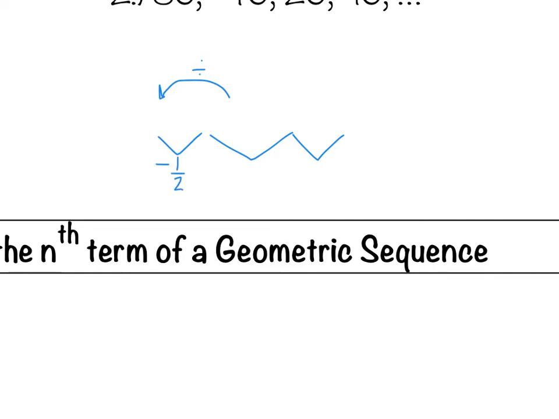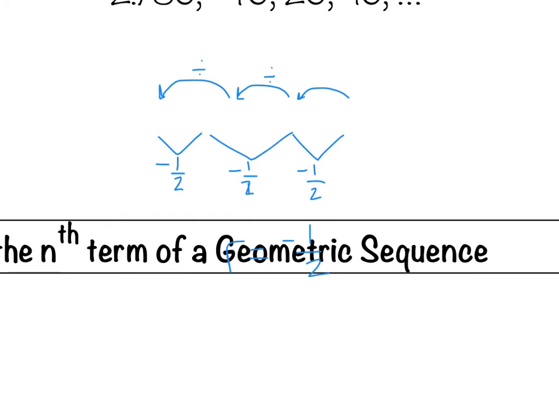Let's see if this continues. 20 divided by negative 40 is also negative 1/2, and negative 10 divided by 20 is also negative 1/2. So it is consistent, and the ratio is negative 1/2. It's being multiplied by negative 1/2 each time.